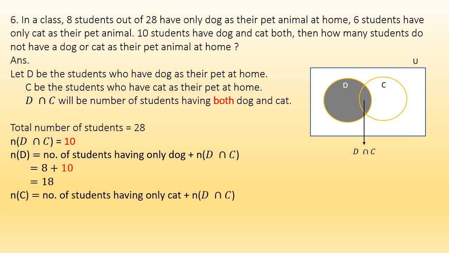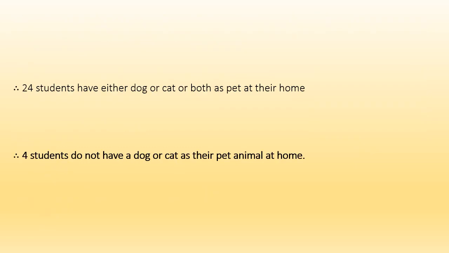So this is 18. Now similarly we'll find the number of students who have only cat, that is 6 plus 10 equals 16. 16 students have cat as their pet. Now we'll find out how many students have dog or cat or both as their pet.